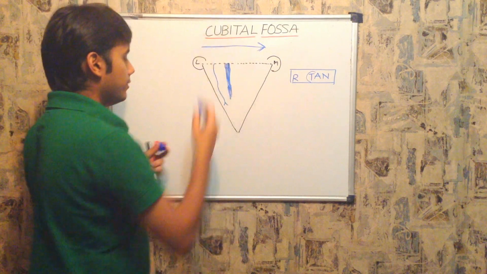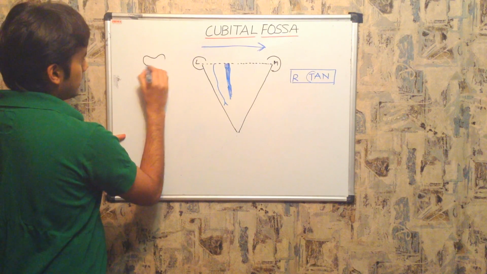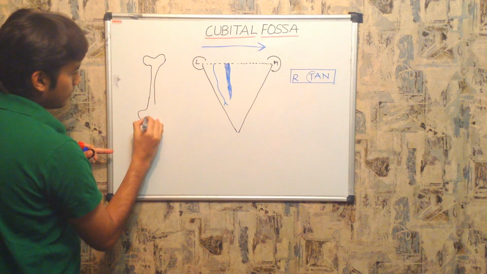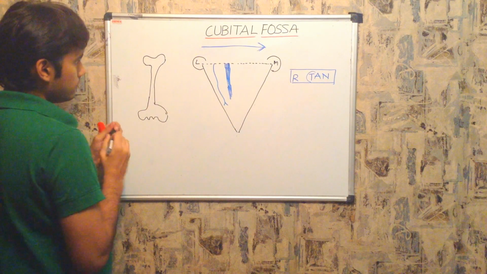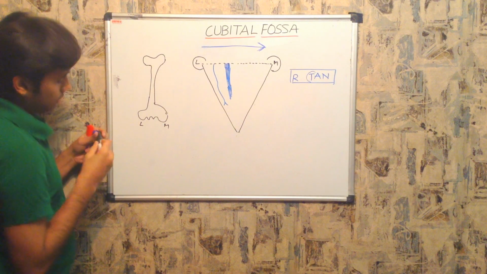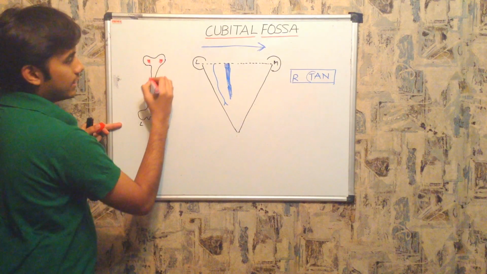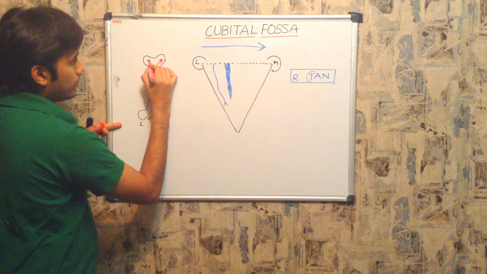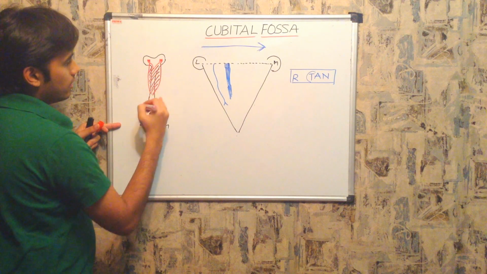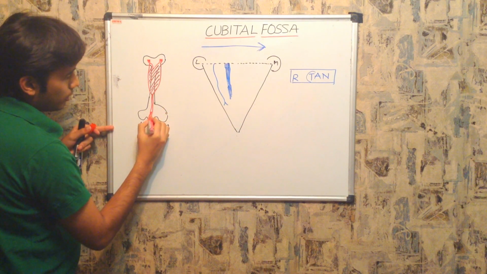The biceps brachii muscle continues upwards; this is the humerus, this is the lateral epicondyle of the humerus, and this is the medial epicondyle of the humerus. The biceps brachii has a short head attached here and a long head attached here, and both fuse together. Its tendon gets attached to the radial tuberosity of the radius bone.